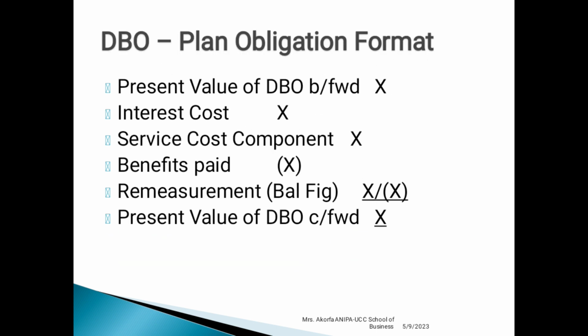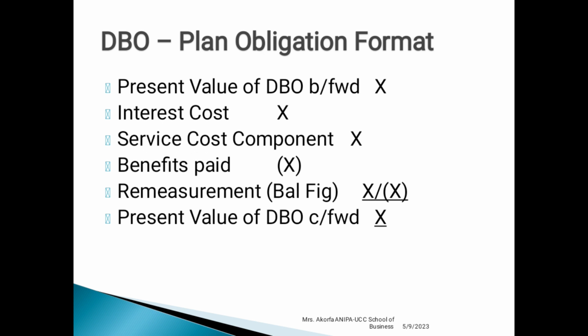So, defined benefit obligation, plan obligation format. The format for the plan obligation is: present value of defined benefit obligation brought forward. You add interest cost, any interest cost. You add service cost components, and you deduct benefits paid.